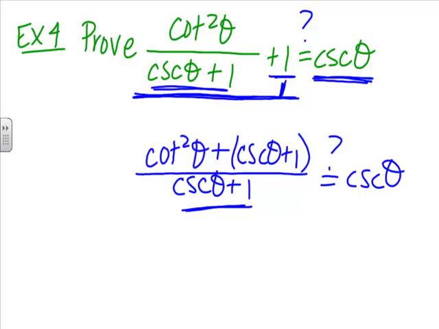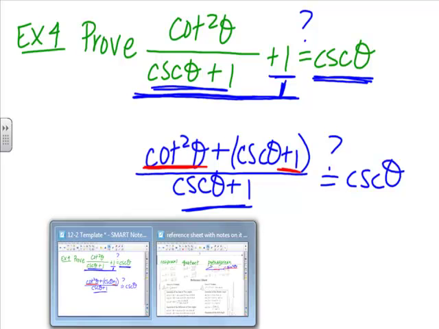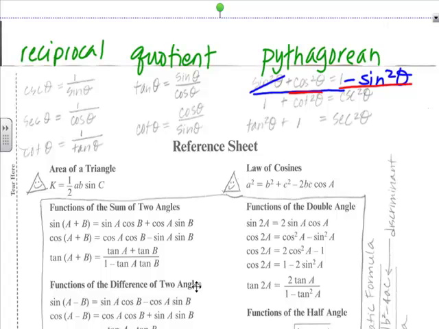Now, things really don't look much cleaner on the left, but we're starting to get there. This is where having your little sheet handy might help, because cotan squared theta plus 1 might look a little familiar. And if you look here on the sheet, 1 plus cotan squared theta is equal to cosec squared theta.